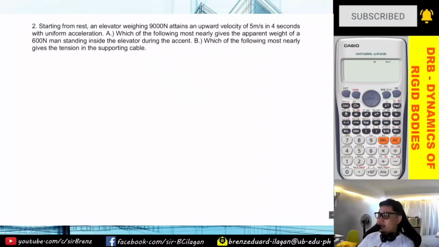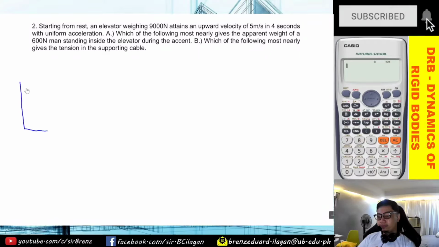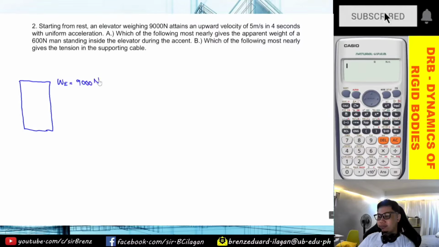Ayan, siguro mas maganda i-drawing muna natin yung magiging figure natin sa problem na to. So guys, again, meron ka daw ditong elevator. Kung saan ang weight ng elevator, i-denote na lang natin as WE, is equals to 9,000 Newton.